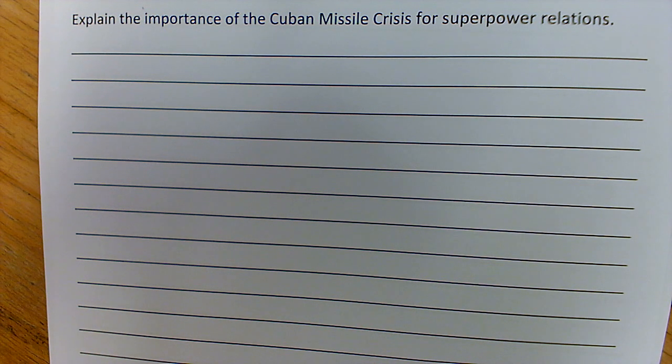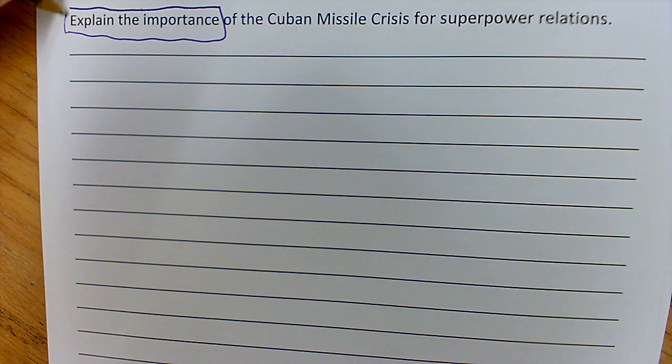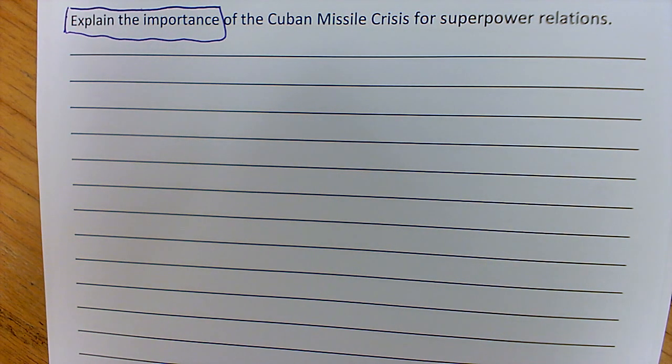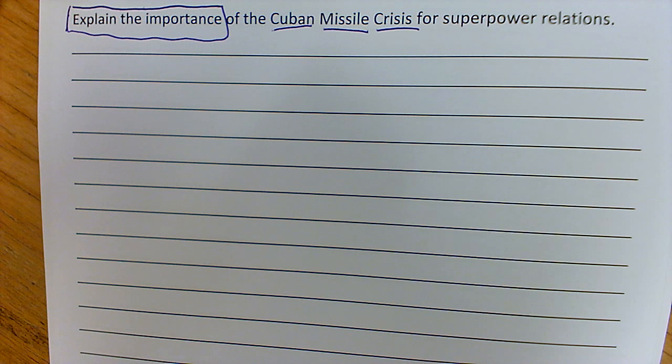As always, the first thing that I'm going to do is bug the question. Now, it asks me to explain the importance. That is my action word in this case. I'm then going to underline the keywords that I need to know about, which in this case are the Cuban Missile Crisis.